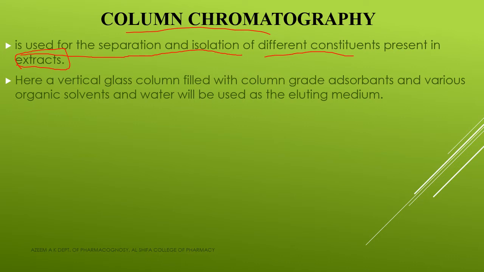Here a vertical glass column is there, just like the burette, you already know about the burette. This glass column has to be filled with column grade adsorbents. You already studied adsorbents during the previous lecture. In thin layer chromatography, the adsorbent we use is silica gel G of thin layer chromatography grade, and here the adsorbent is column grade adsorbent, maybe silica gel G of column grade.